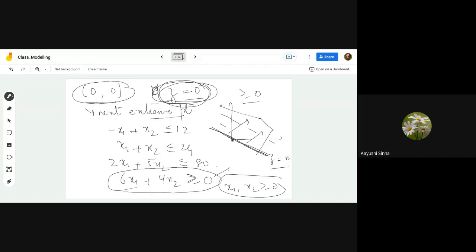Okay. So, since we are solving algebraically, we still have inequalities, so we want to convert them into equalities, right? And not just this, we have one inequality of the form more than or equal to 0, and I wanted all of them to be less than or equal to types.